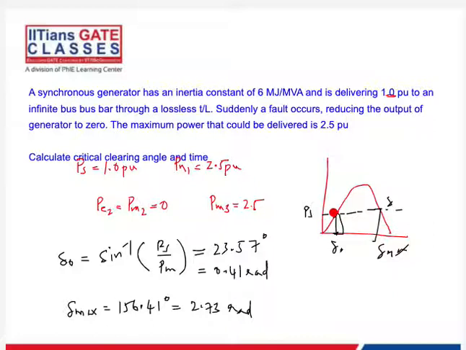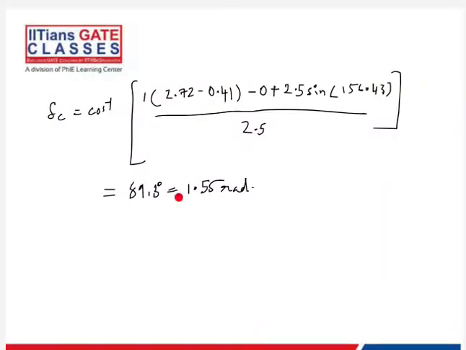So the fault occurs, it goes to 0 and it goes along this line. So by the time it becomes 89.3 degrees, we clear the fault, and the system will go back to the normal operating condition. Otherwise, it will swing out of synchronization. 1.56, okay.